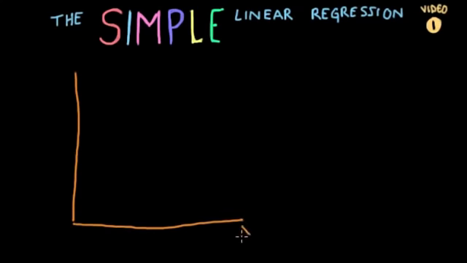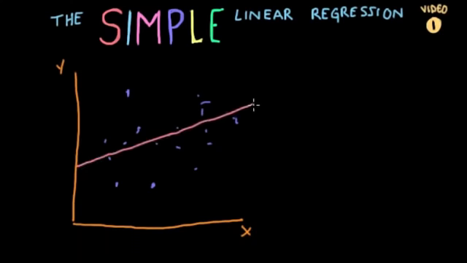So we have our independent variable x and our dependent variable y, and we have all this data. Put some bigger ones out here, and then we run our regression and we get this line that looks something like this, where this would be our beta 0 hat, the slope would be our beta 1 hat.